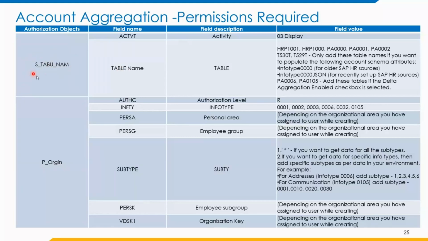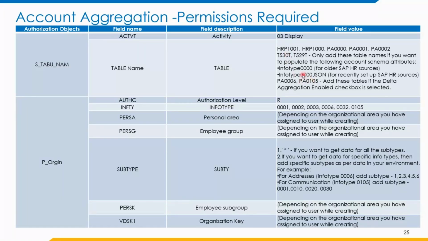This is another authorization object that needs to be configured, where these are all the tables the data is fetched from: HRP1001, HRP1000, and PA0000. These are the table names from which the account schema attributes need to be populated, so these need to be included in order to populate the account schema attributes of the SAP HR system.